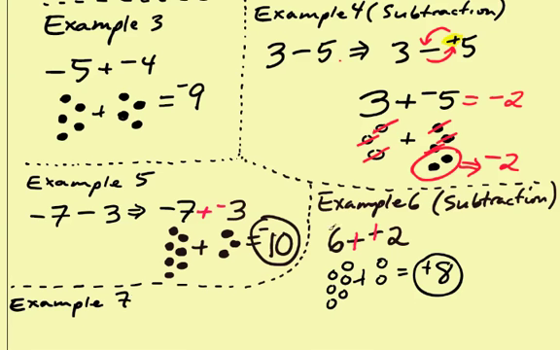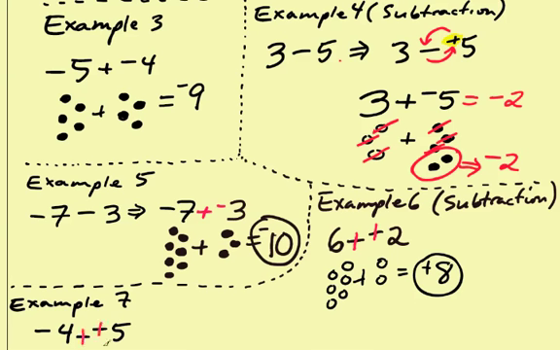Instead of this number being positive, we're going to go ahead and do a negative number. So negative 4 minus a negative 5. And that's a whole bunch of negatives. I can still take those two negatives and turn them into two positives. And I'll pick a better color this time. Okay.